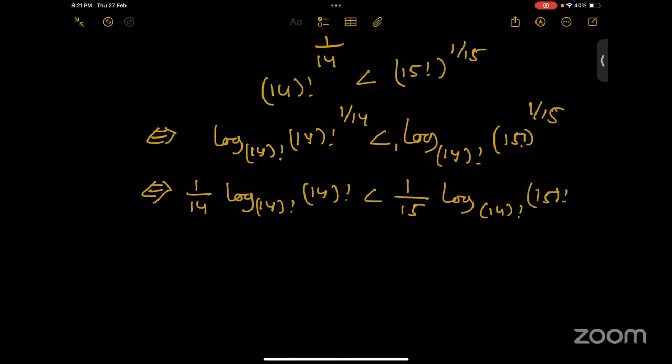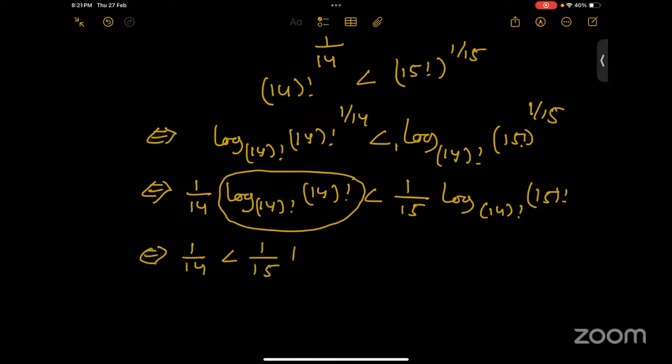Okay. Then this will be equal to 1, right? So we will get 1 over 14 less than 1 over 15 log 14 factorial 15 factorial. Again we can write it as 15 into 14 factorial, right?